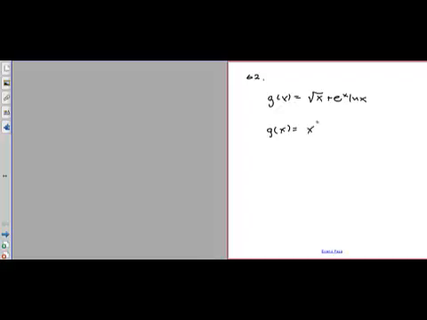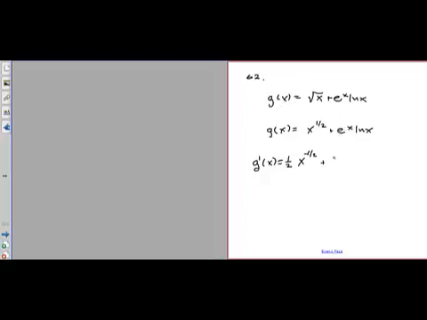Before we do that, we have to rewrite the square root as a fractional exponent. Okay, then we'll take the derivative. This is the first derivative. So you get 1/2 x to the minus 1/2 power. You take that, reduce the exponent by 1. Now the second is going to be the product rule.